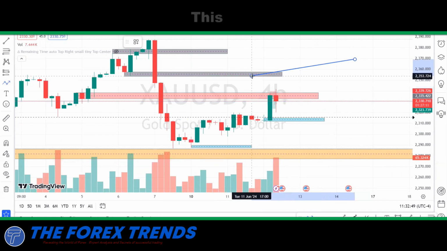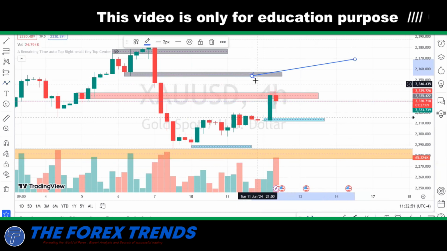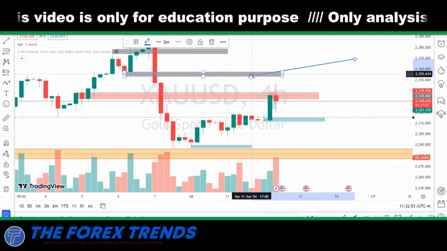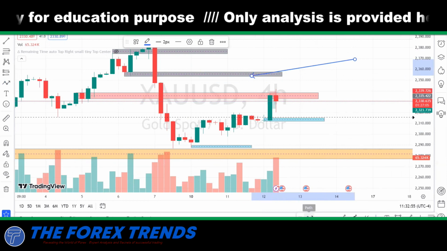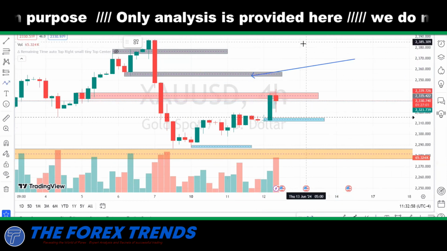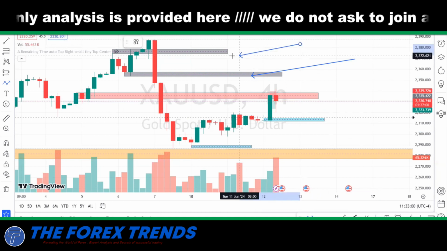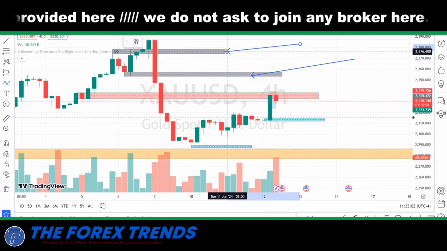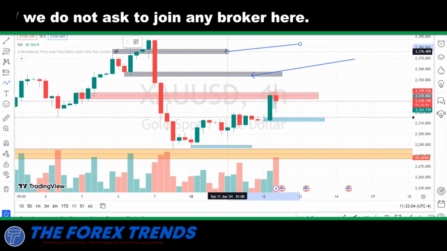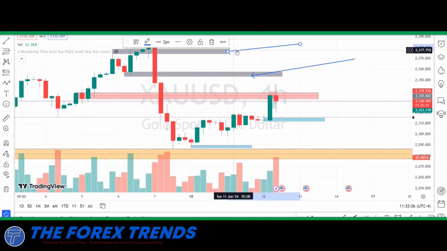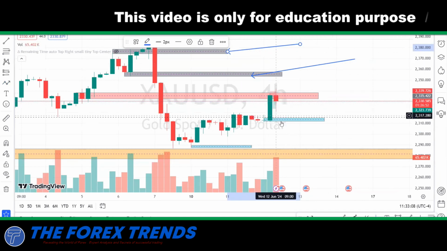The first selling position of gold is at the 2355 level, as resistance becomes support and support becomes resistance, as I discussed in my previous video, and this is a Quasimodo level, with the price 2377 to 80.